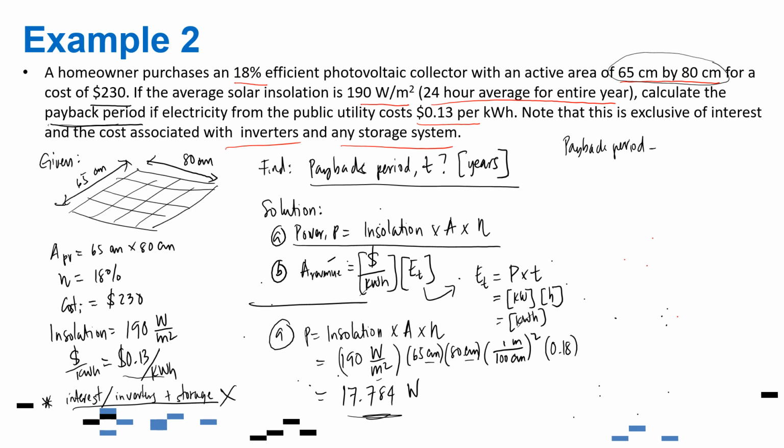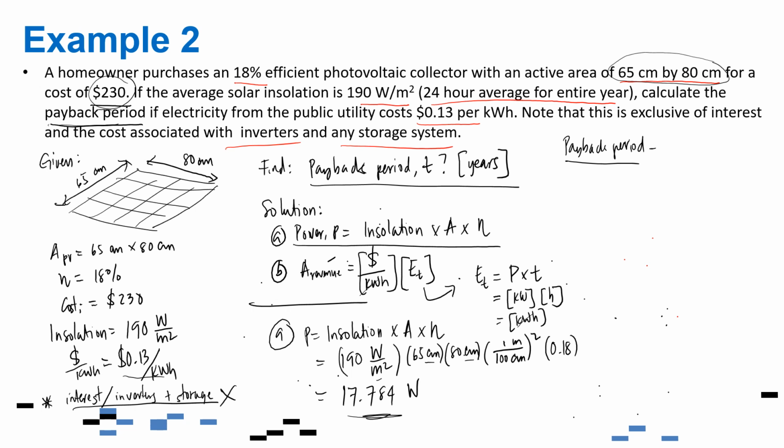If we look at our problem here, the cost of investment is around $230. That's the initial cost. So we need to calculate how long it will take for the solar PV system, based on its annual revenue, to take back the $230, which is the initial cost.